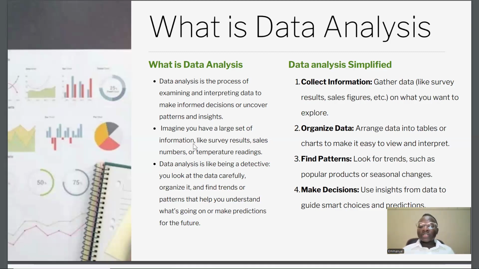The third one is finding patterns or looking for trends or getting insights from the data. And the fourth one is making decisions now based on these patterns that you have gotten from the data. You are able to make informed decisions.